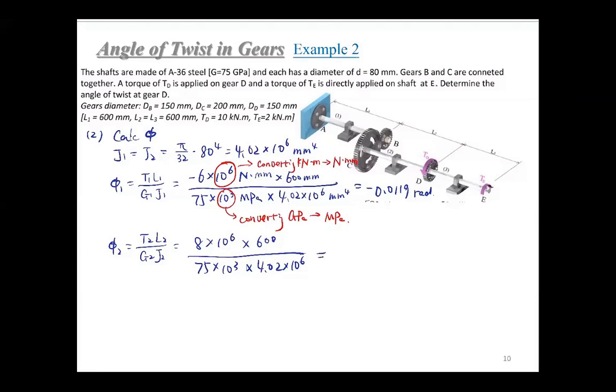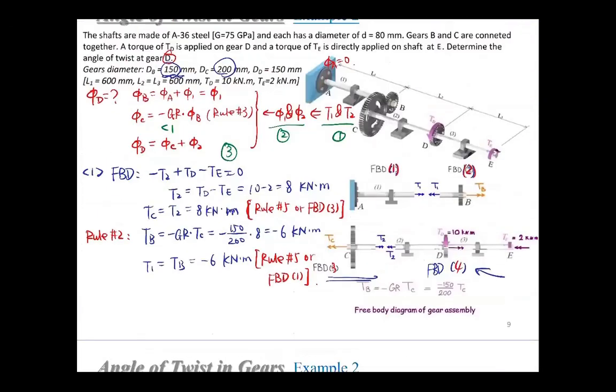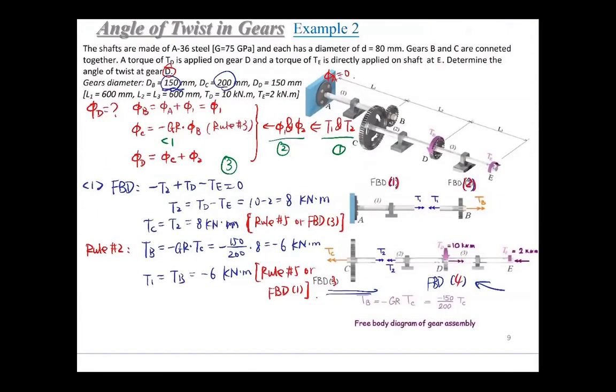So this will be positive 0.00159 radian.